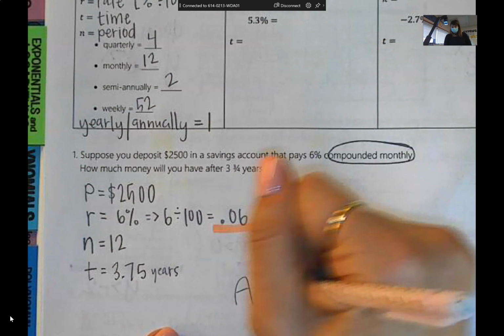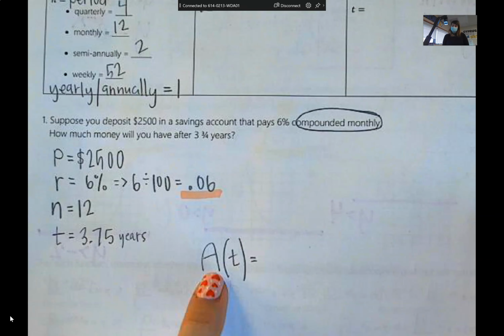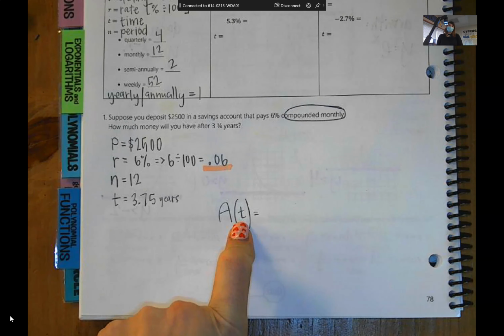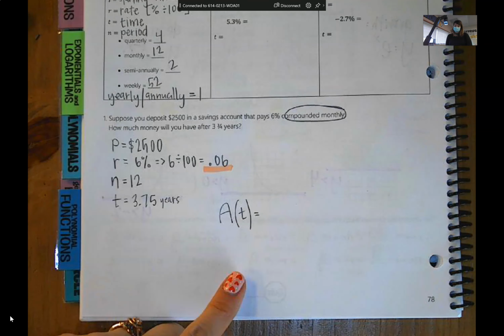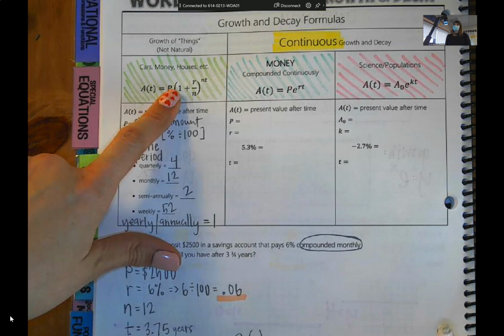So now we take all of those numbers. We say capital A of T, which is just fancy for the amount you have after 3.75 years. And we're going to plug all of this in to this formula right here.